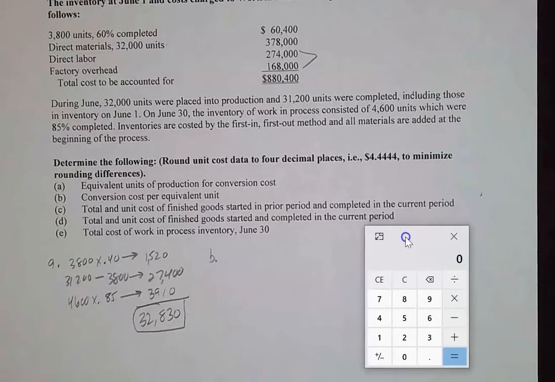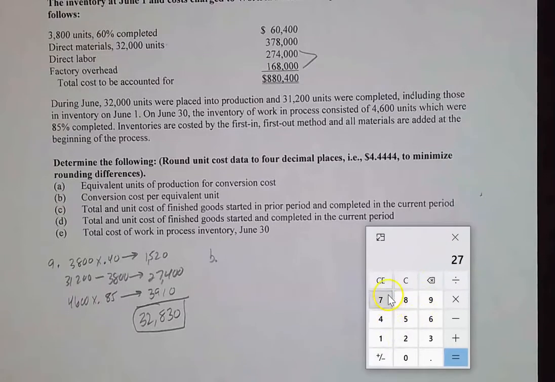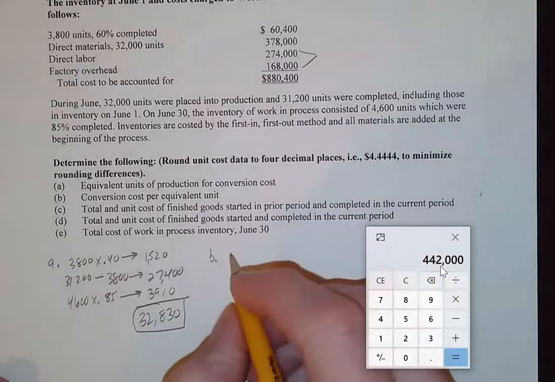Direct labor and factory overhead. So 274,000 plus, whoops, I made a mistake. 274,000 plus 168,000 of applied overhead equals $442,000 in conversion costs.